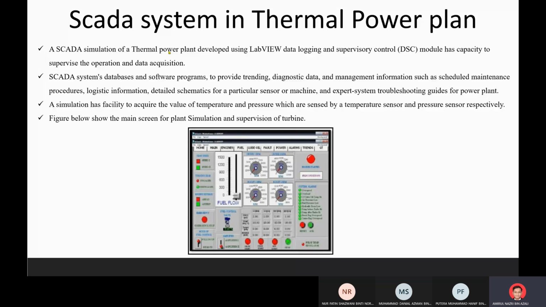The SCADA system has a database and software programs to provide trending, diagnostic data and management information such as scheduled maintenance procedures, logistic information, detailed schematics for a particular sensor or machine, and expert system troubleshooting guides for the plant. The simulation has the facility to acquire the values of temperature and pressure, which are sensed by a temperature sensor and pressure sensor respectively. This figure shows the main screen for plant simulation and supervision of the turbine.